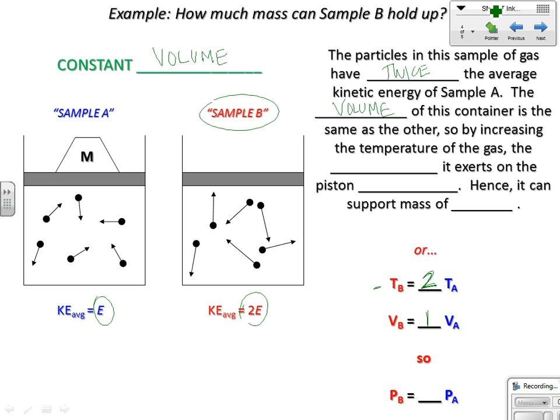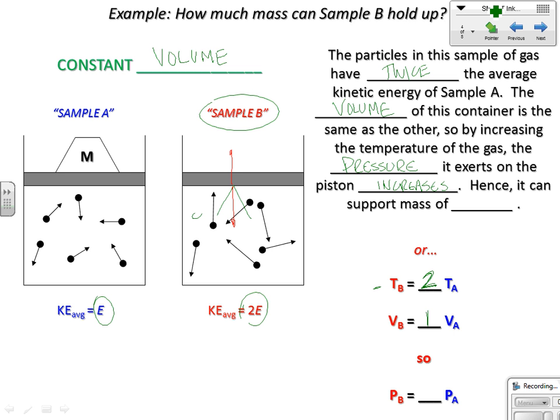By increasing the temperature, the pressure it exerts on the piston increases. Right? Kinetic theory says now that these things are going twice as fast, they will have twice the impulse when they do one of those bounces, and that means that there's twice the force exerted.